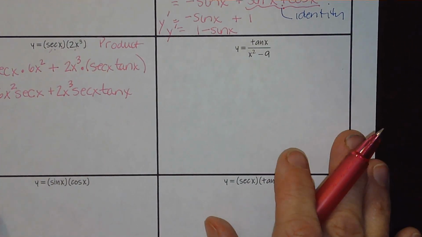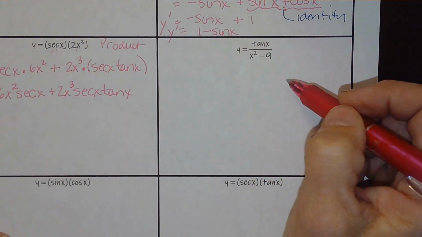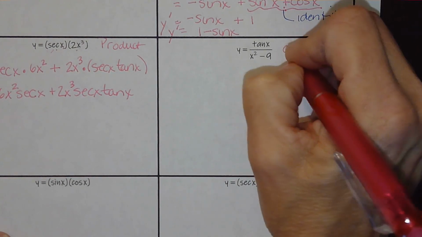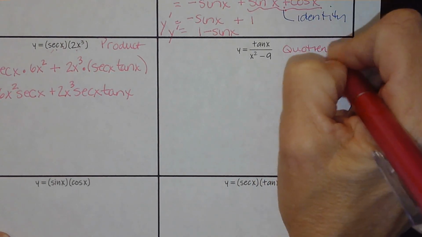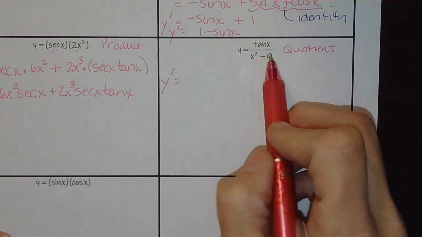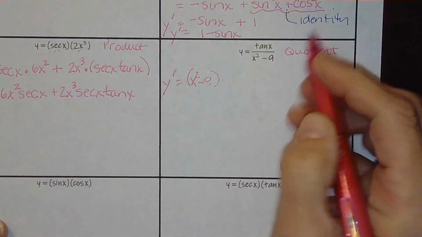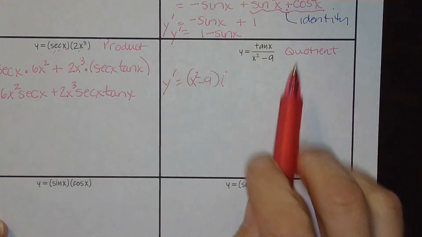All right, in this example we have a quotient, so we need to use the quotient rule. So y prime equals low, which is x squared minus 9, times the derivative of high.